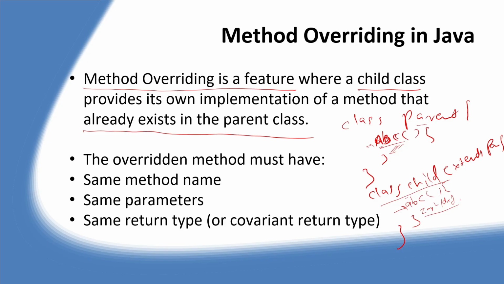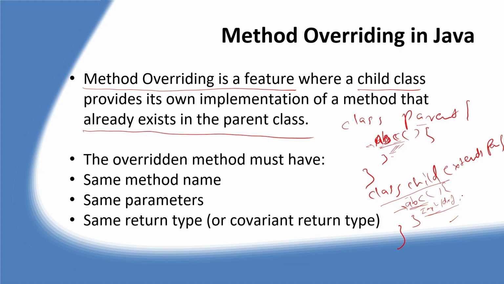But the child class doesn't want to use the same implementation of the ABC method of the parent class. Instead, it wants to provide its own implementation. So the child class is redefining the ABC method and giving its own implementation. Same method name but different implementation.